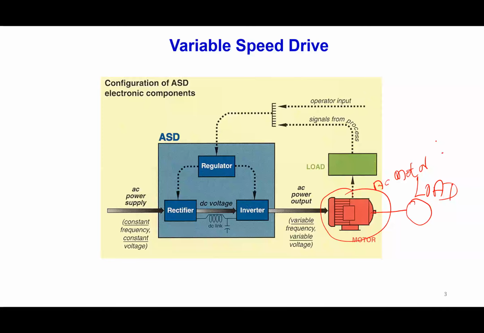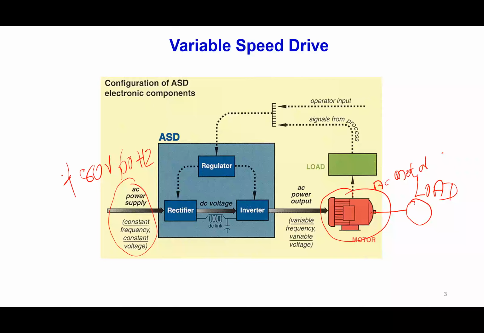So where do we get the power from? Power is coming from the grid or AC power supply. It can be 480 volts, 60 hertz, three-phase. So this is a fixed frequency, fixed voltage system. In order to control the speed, we need variable frequency and variable voltage. Why variable voltage?